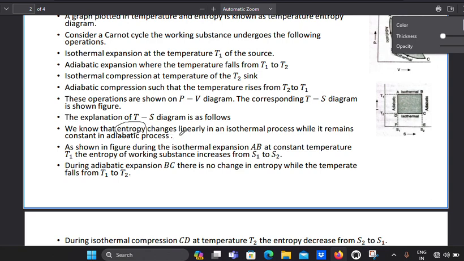So entropy linearly changes in an isothermal process. That means at constant temperature entropy increases. Linearly means if one quantity increases, the other quantity also increases. That is linearity, while it remains constant in adiabatic.